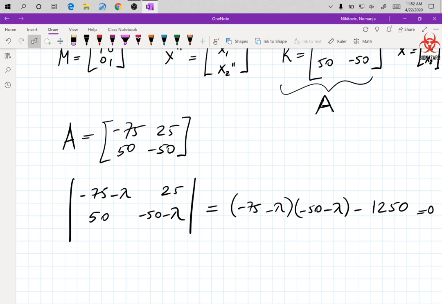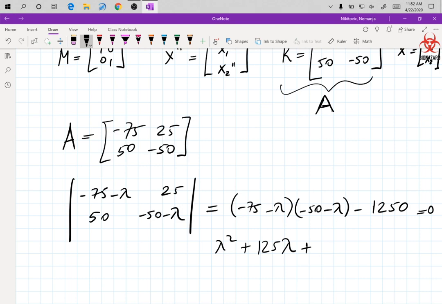Okay, so now we'll FOIL everything. What do I have? I have a lambda squared. Negative and negative is positive, so that's going to be plus. Add these two numbers, 125 lambda. And then, what do I have?